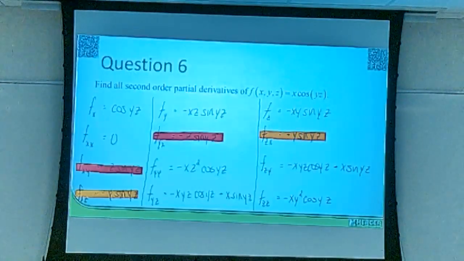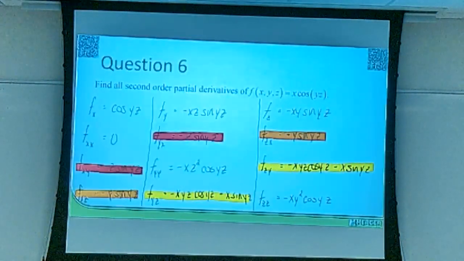Yep. yz, zy should be the same. So 9 second order partials, 6 of them distinct. Right? Because xy, yx are the same, xz, zx, and then yz, zy. So 3 are going to repeat.